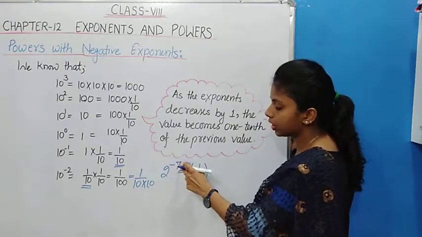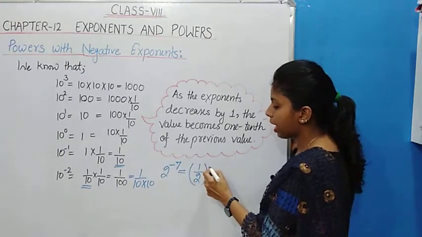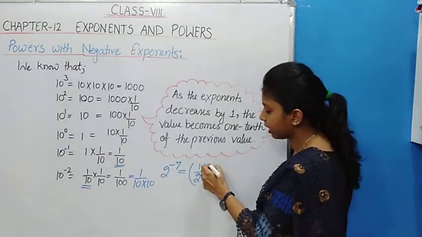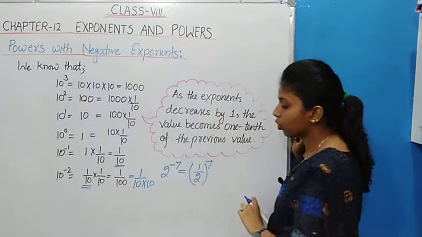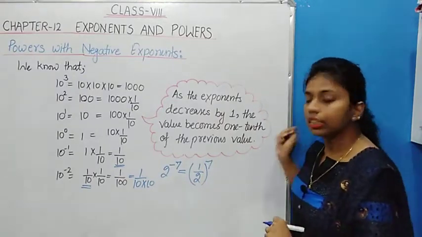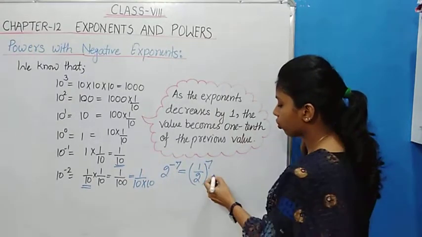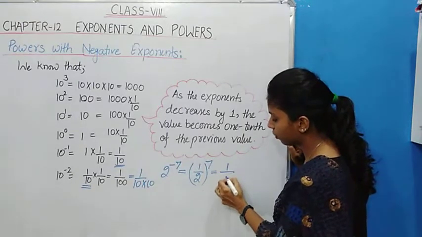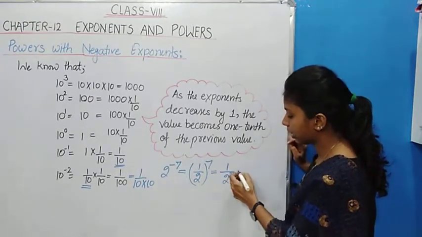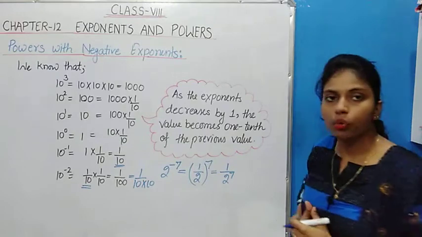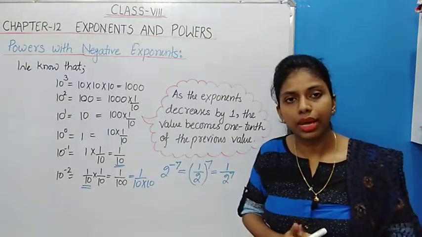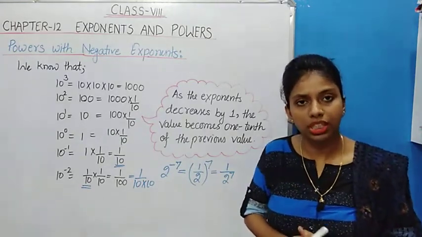Here we have exponent minus 7, and the positive of minus 7 is 7. So this is the value of this negative exponent, 1 by 2 to the power 7. This is how we can convert a negative exponent into a positive exponent.